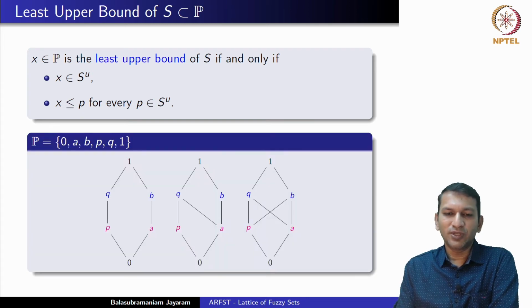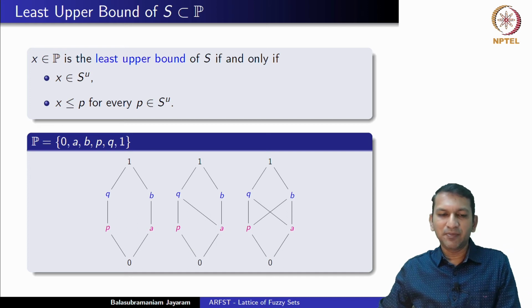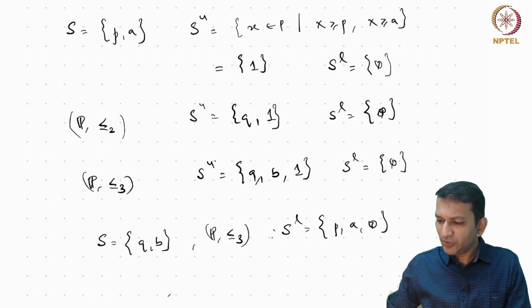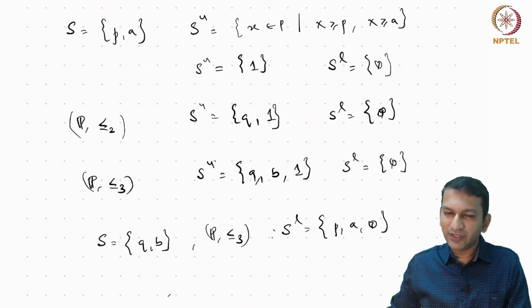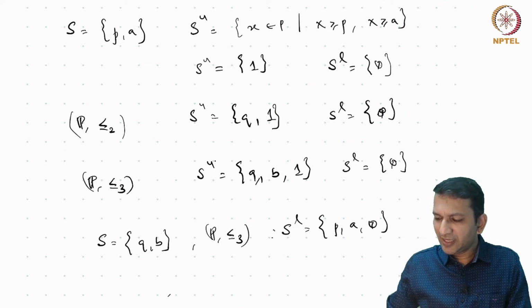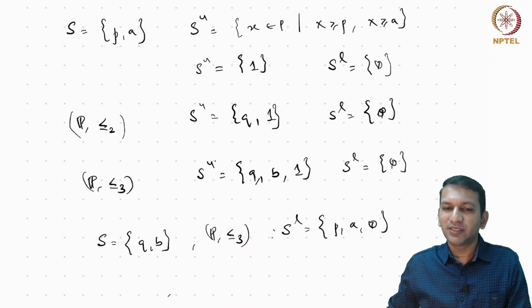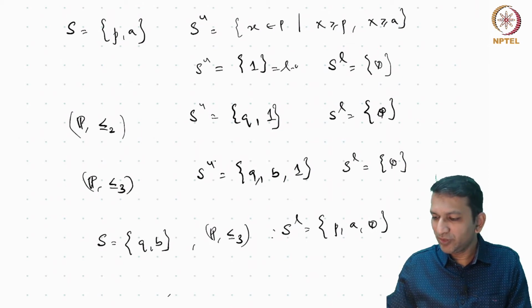For instance, once again, let us consider the same three posets that we have. We have seen that S^U, in the case of the very first poset that we considered, has only one element, so this turns out to be also its least upper bound.